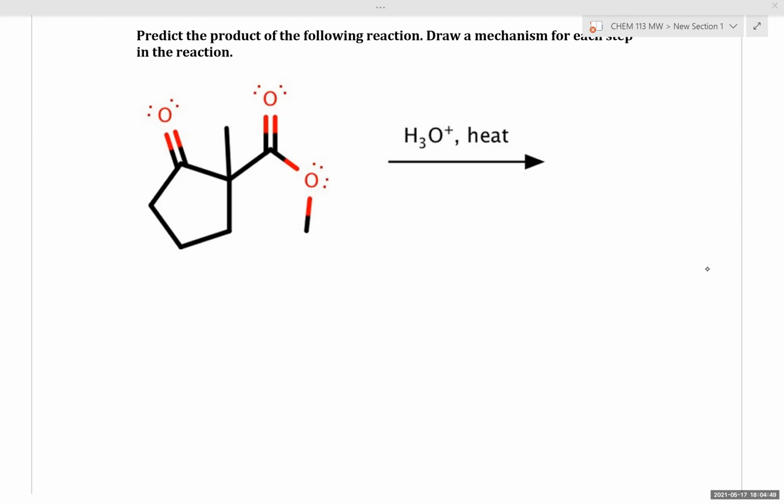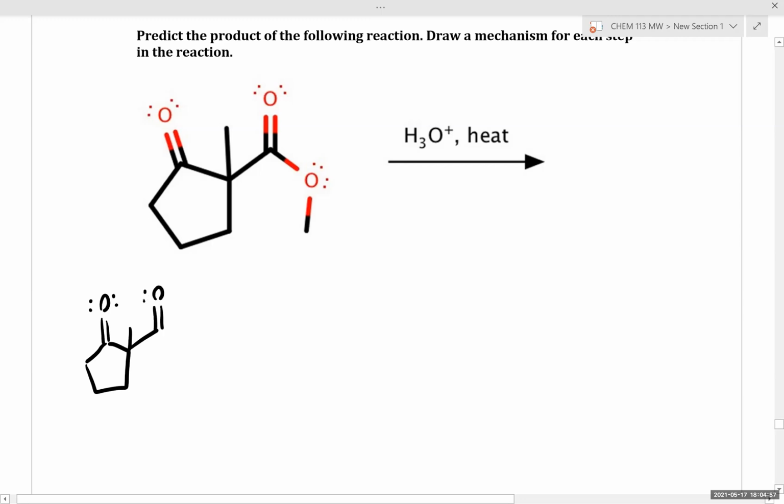Okay, so we have one student proposing that as we need to get a carboxylic acid, we're going to need to hydrolyze this ester. So as always, in any carbonyl substitution reaction, such as hydrolysis, the first thing that we need to do is activate the ester via protonation.